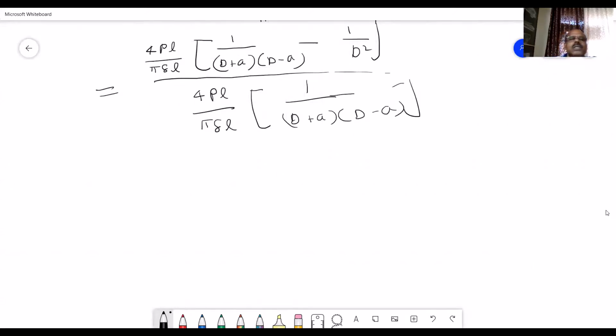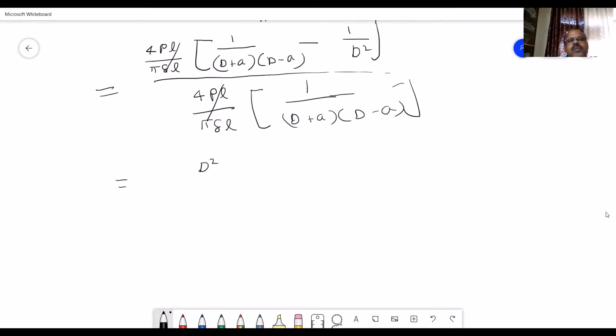So let us reduce it once again. 4PL by pi delta L is there in numerator as well as denominator, so we can cancel it. Let us reduce the numerator once again.